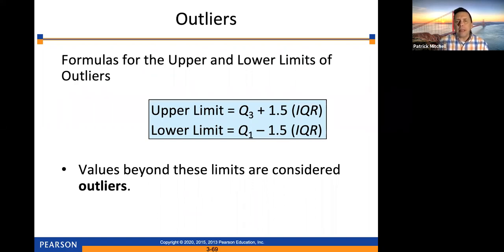The lower limit is found by taking Q1 and subtracting 1.5 times IQR. So any values that are beyond those limits, anything that's lower than the lower limit or higher than the upper limit, is considered an outlier. So if we had any of those, they would be indicated with stars on the box and whisker plot.